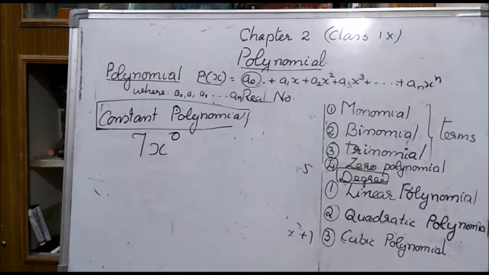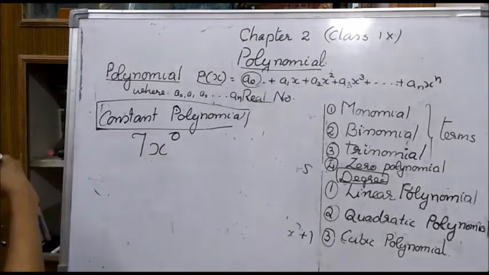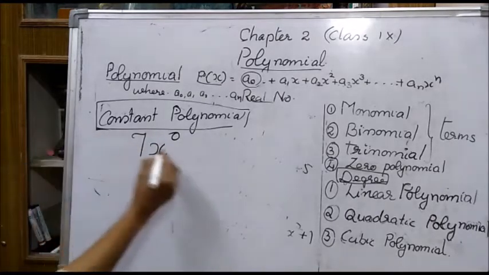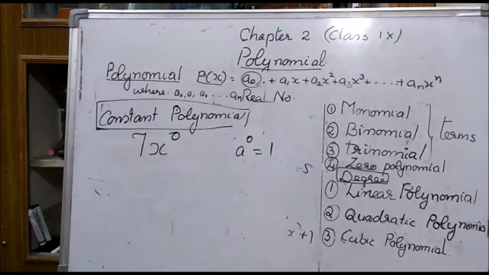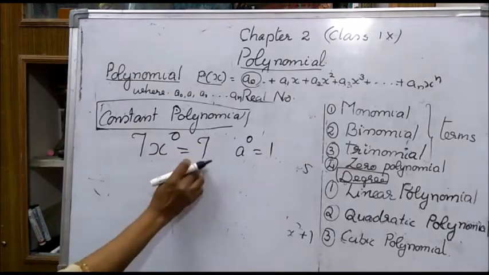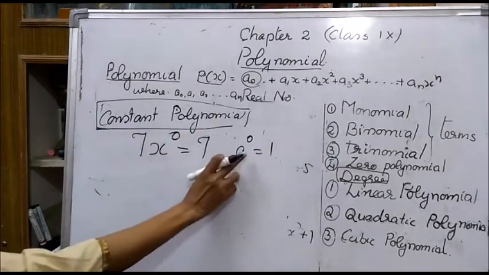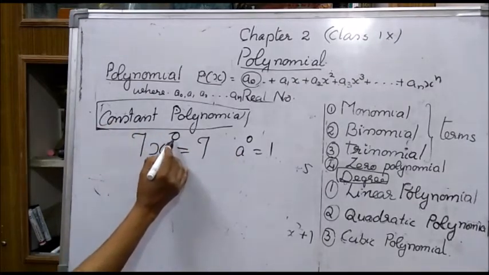So the degree of a constant polynomial is always 0, because x power 0, we know, is 1. So it is the same as 7.